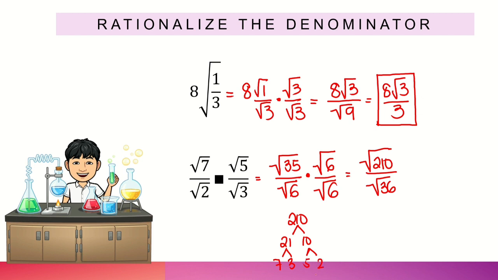Notice that these are all prime numbers, so that means square root of 210 is already in simplest form. So that's square root of 210 all over, we know that 36 is a perfect square and it has a square root. That is 6. So this is now our answer. And our answer now, especially the denominator, is free from radicals.